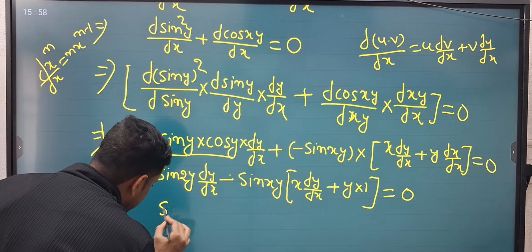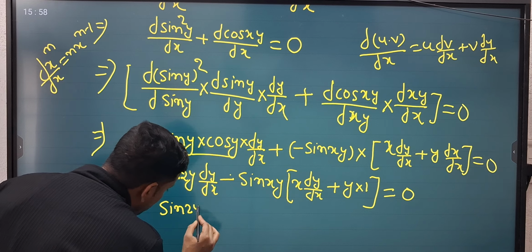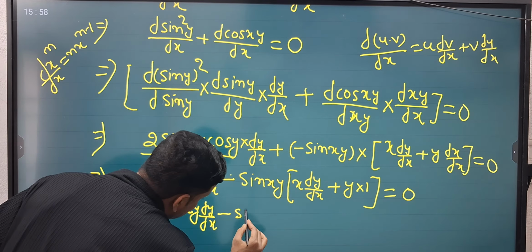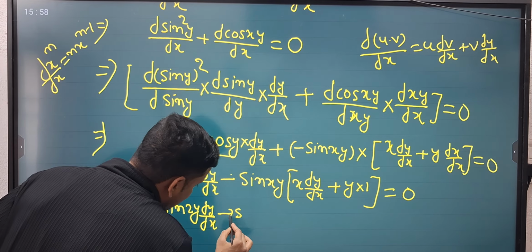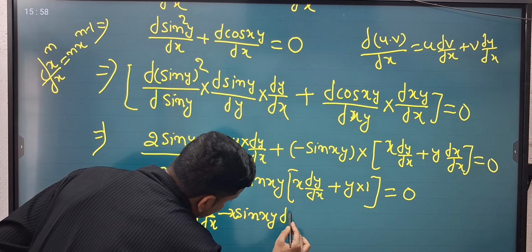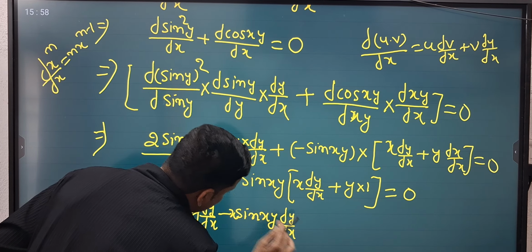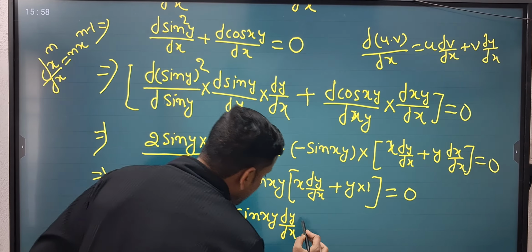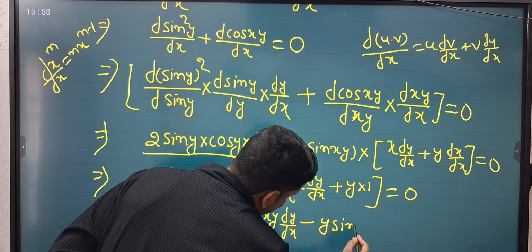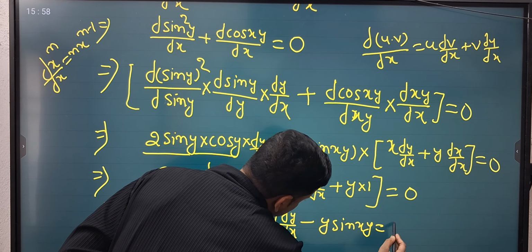So the next term will be sin 2y dy by dx minus, this x will come here, so you can write x sin xy dy by dx. You have to multiply, and minus y sin xy equals 0.